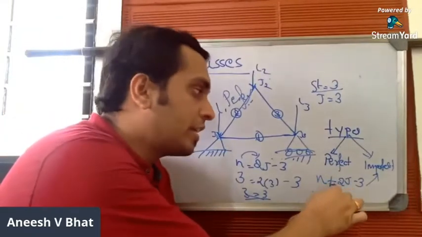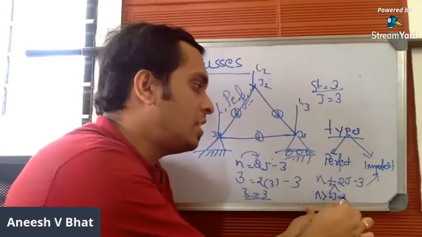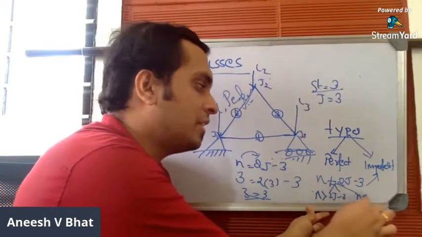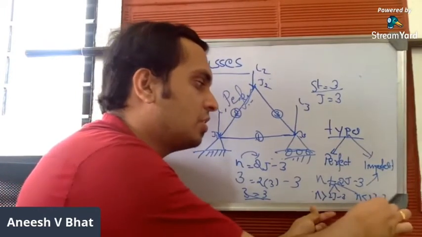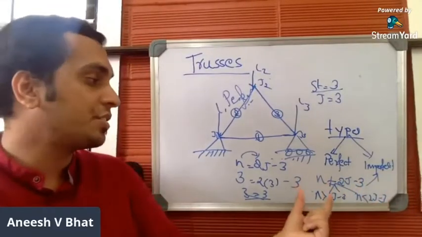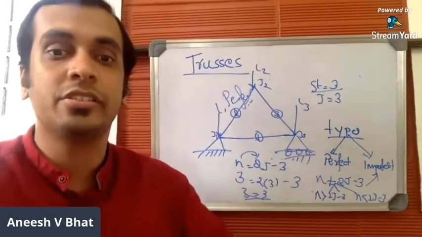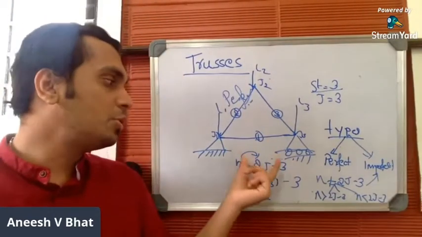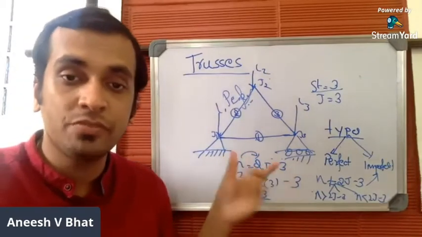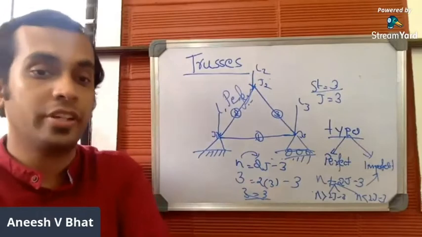When n is less than 2j minus 3, it is called a deficient truss, and when n is more than 2j minus 3, it is called a redundant truss. So n is equal to 2j minus 3 is the equation which helps you to determine whether the given truss is a perfect truss or an imperfect truss.